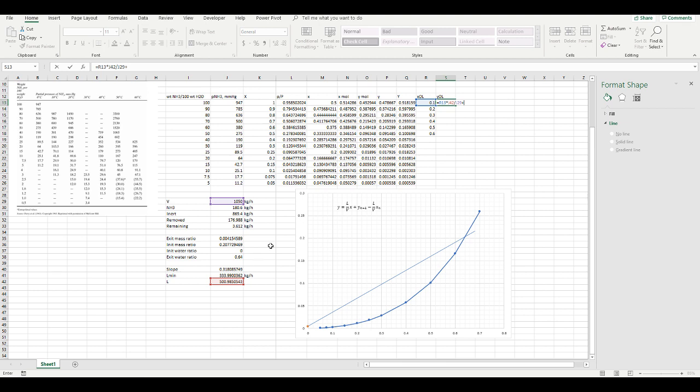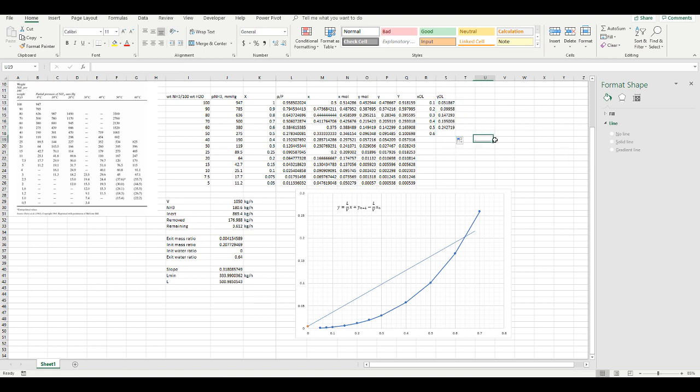And yn plus 1 is going to be equal to the exit mass ratio minus L over V times the initial water ratio. And there we go. And everything here needs to stay put, so we're going to do that.